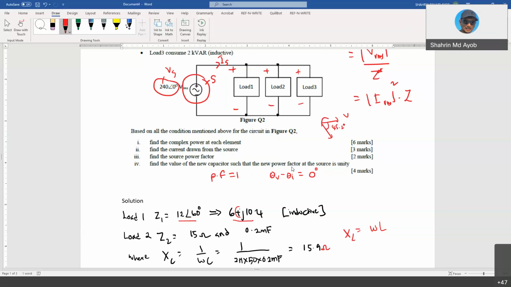This angle is contributed by the Q. If you have higher Q, your angle will be very high, so your power factor will become very low. To obtain unity power factor, you need to make sure that Q is 0.